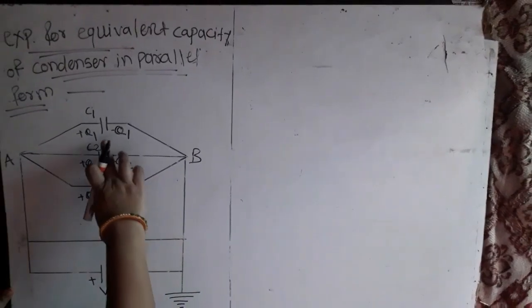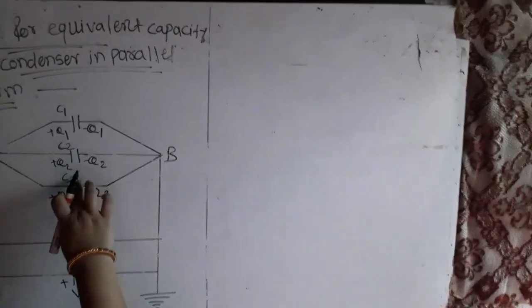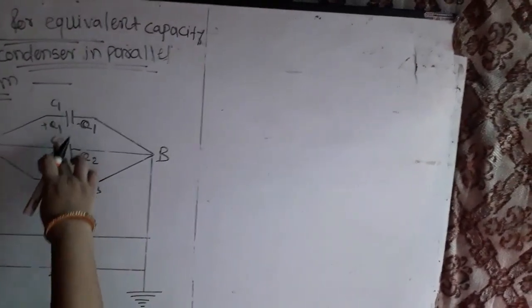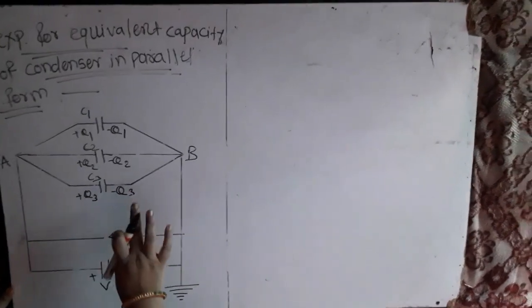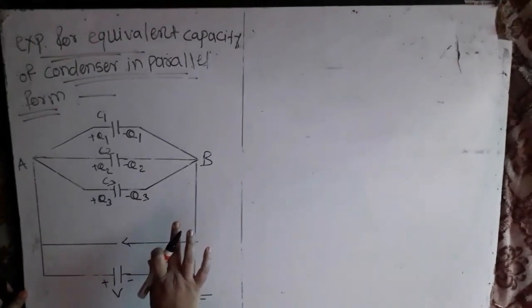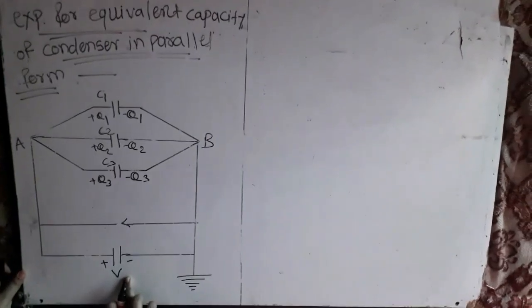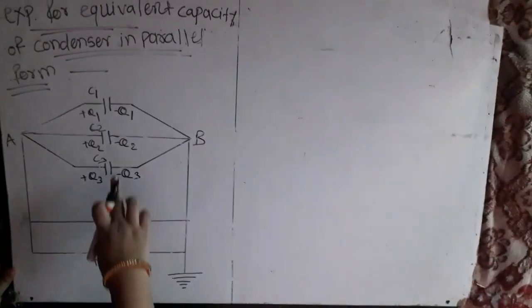Consider 3 condensers C1, C2, C3 connected in a parallel form as shown in the figure. Let V be the PD applied across the parallel combination.